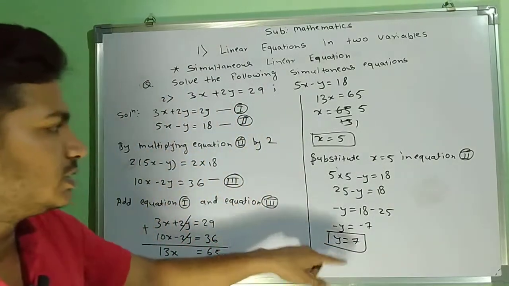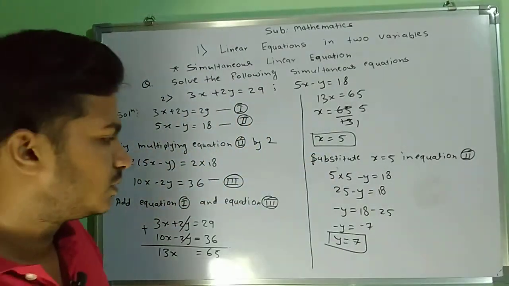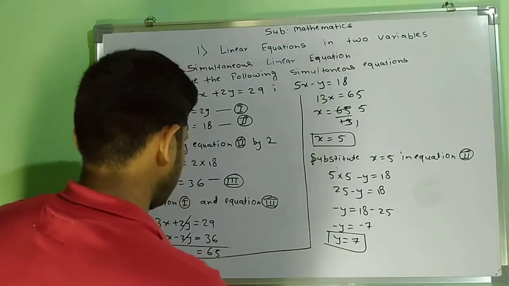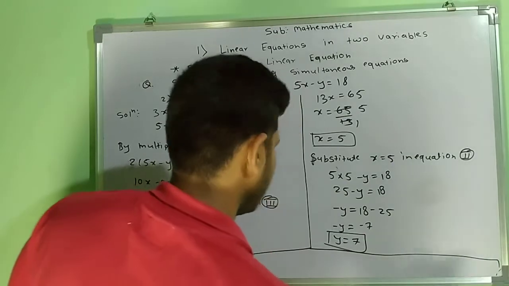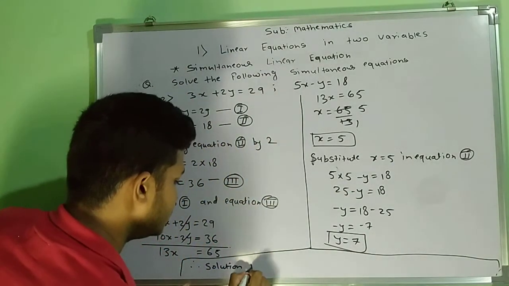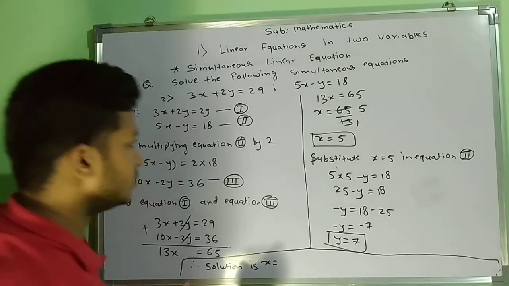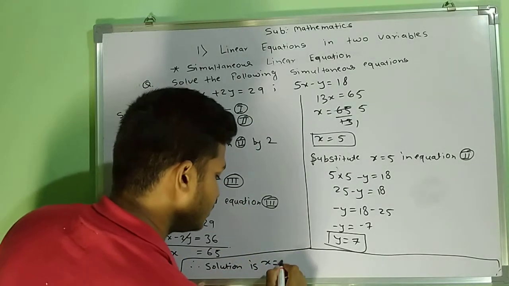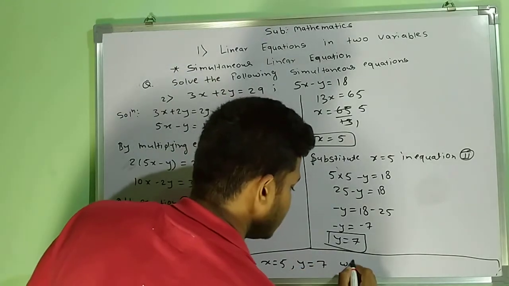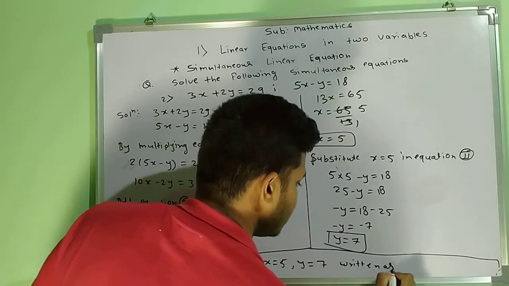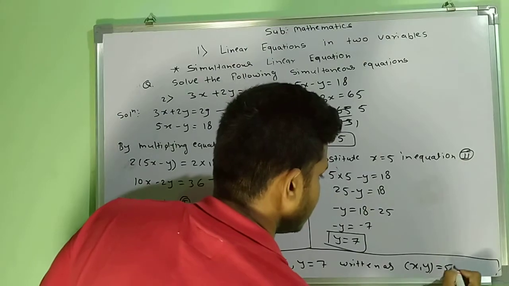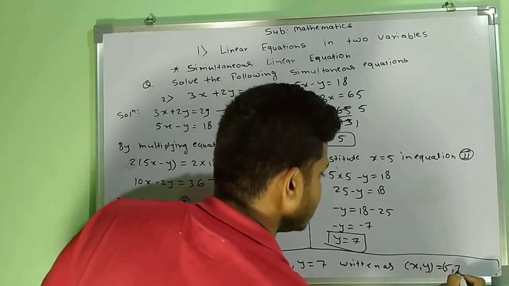Here we got the value of y as 7 and the value of x as 5. Therefore the solution is x is equal to 5, y is equal to 7, and it is also written as the ordered pair (x, y) equal to (5, 7).